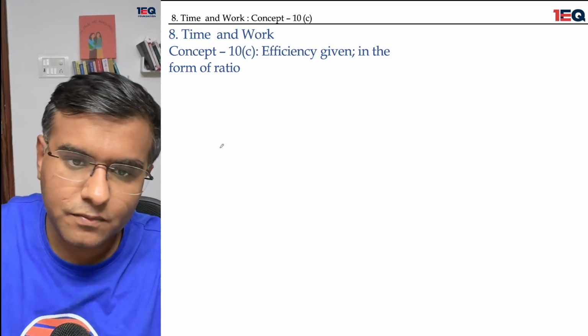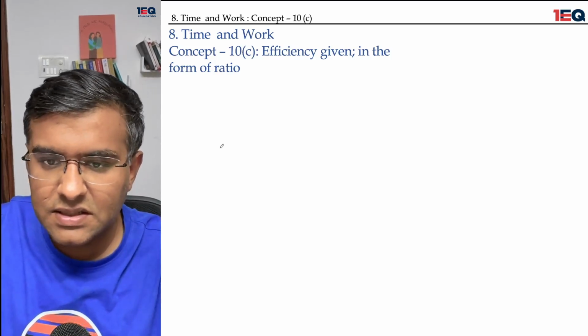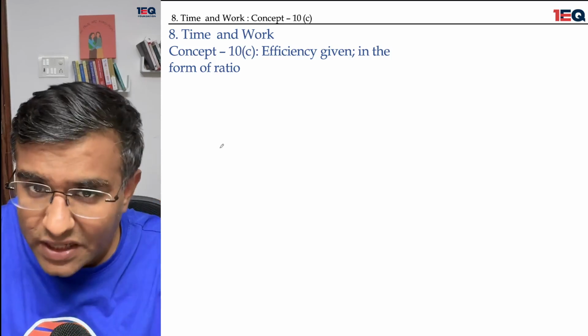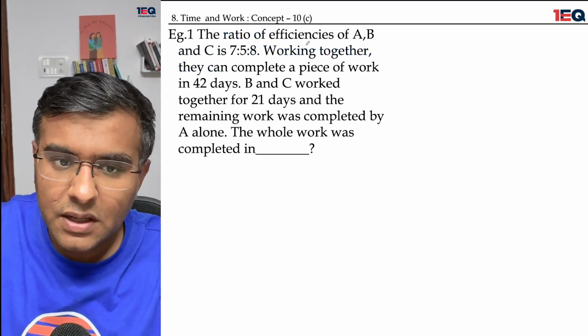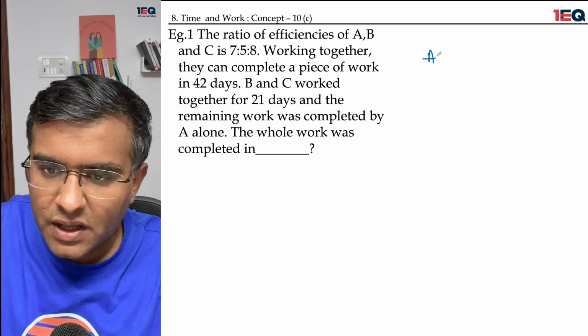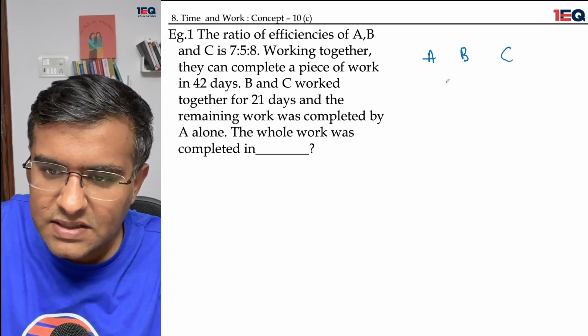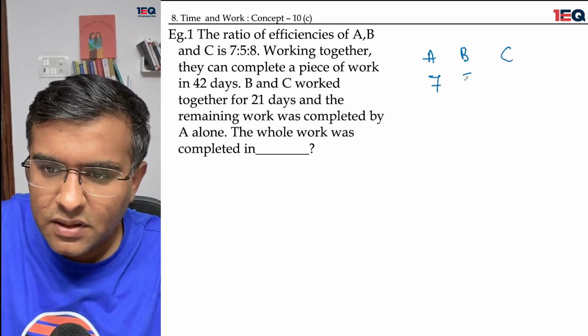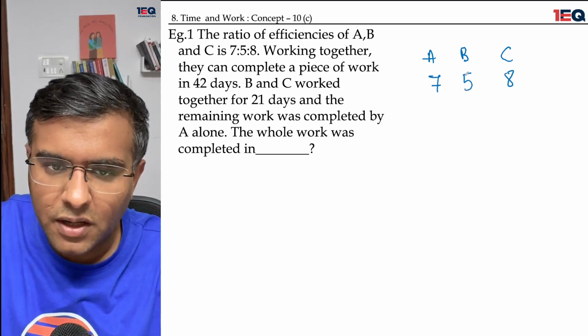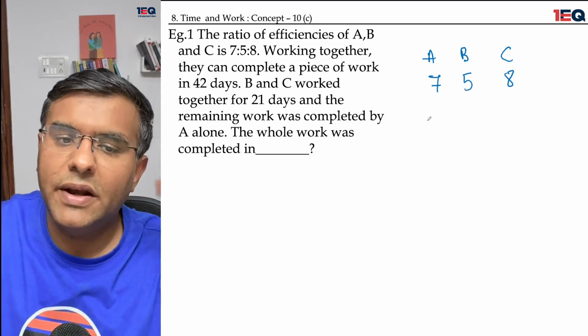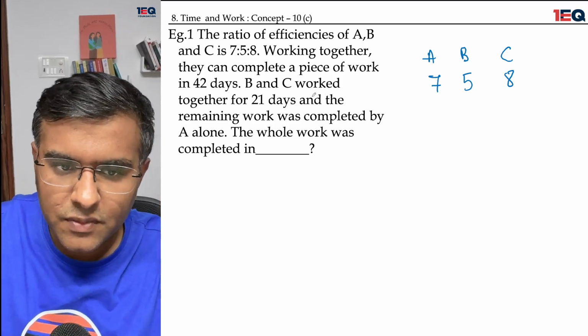Moving on. Now efficiency is given in the form of ratios. We've already dealt with it. We'll quickly see the question. The ratios of the efficiencies of A, B, and C are 7 is to 5 is to 8. Working together, they can complete a piece of work in 42 days.